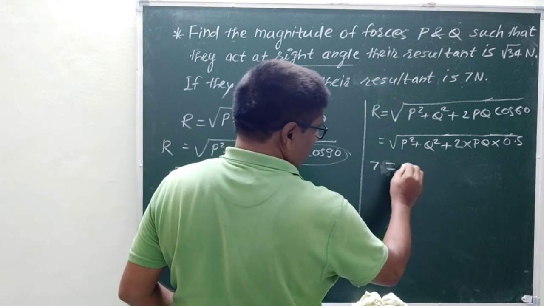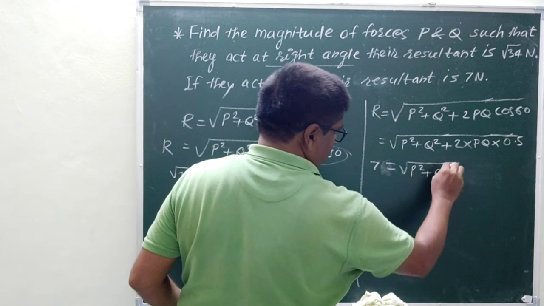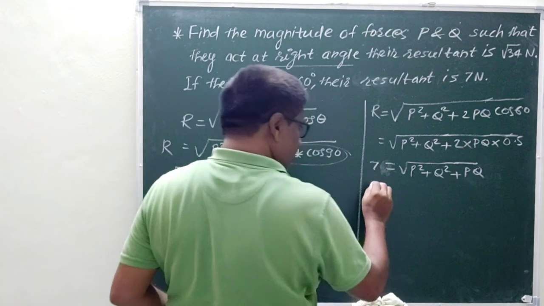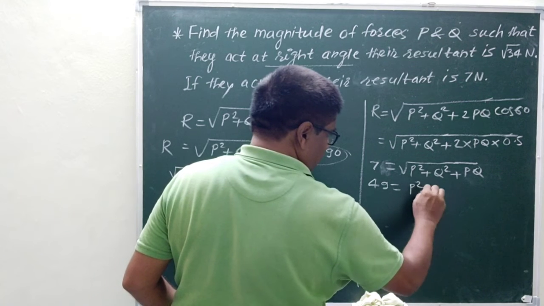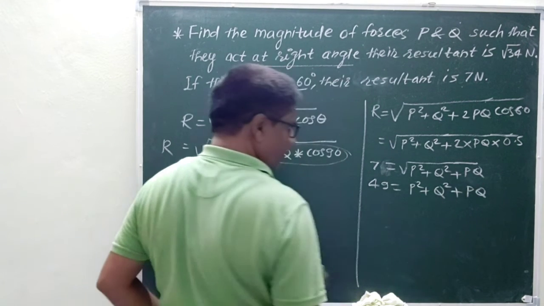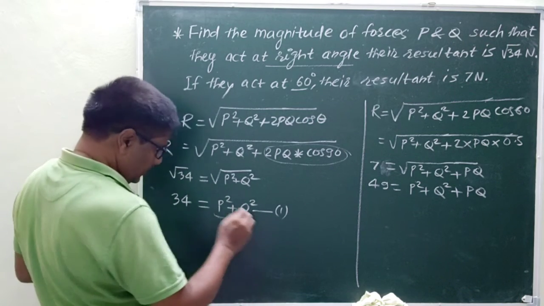7 is equal to root of P square plus Q square plus PQ. Squaring both sides, 49 is equal to P square plus Q square plus PQ. Now from equation 1, what can we write?